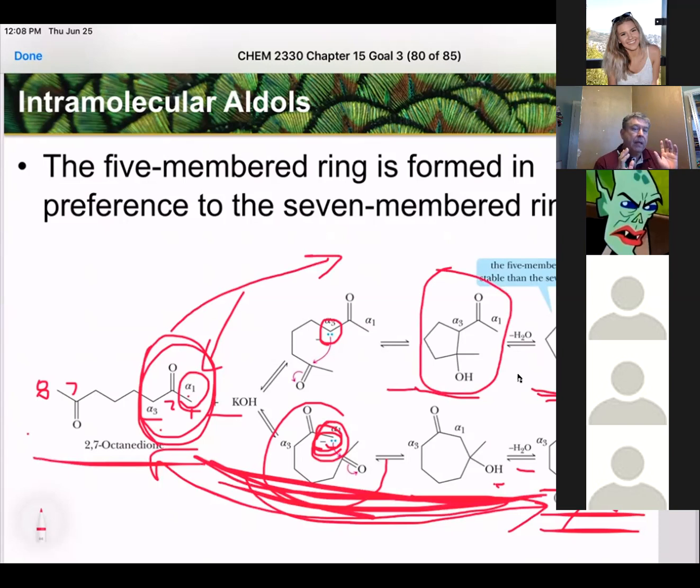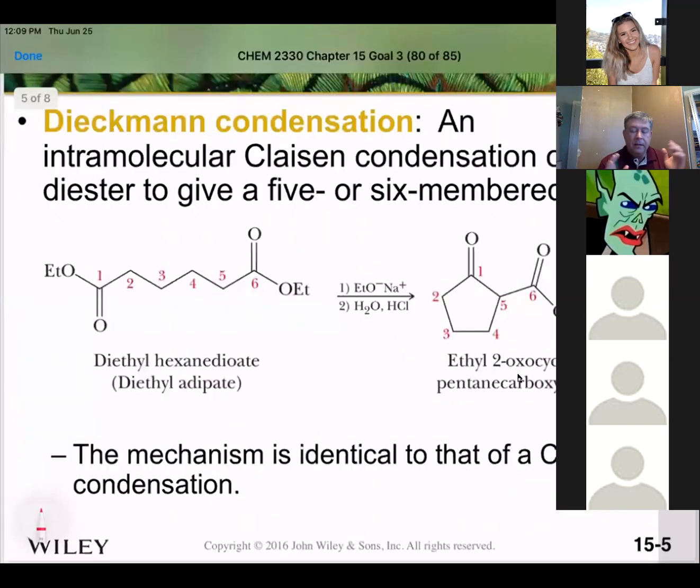So let's look at that again, okay? And let's look at this compound here. Now, notice that the one before was an aldol condensation because we had an aldehyde or a ketone. Remember, the Claisen condensation is when we have an ester. And when we have an ester, that gives us an opportunity because we only have one alpha carbon for each of the esters.